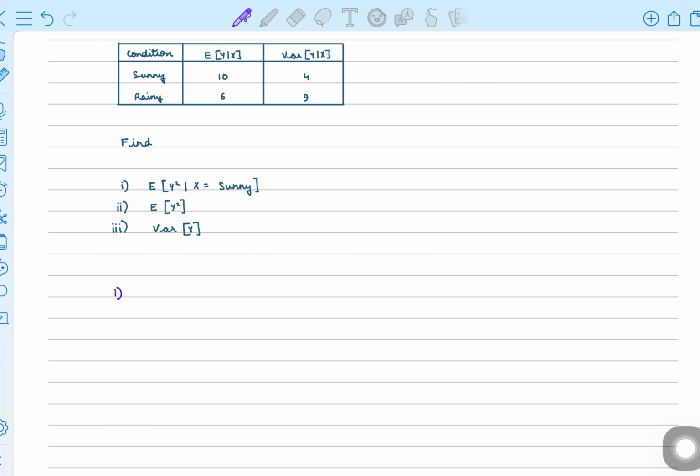Our first part here involves the first identity that we'd studied. Our first identity was the variance of y given x is equal to the expectation of y square given x minus the expectation of y given x whole square.